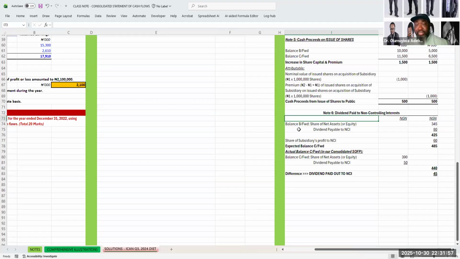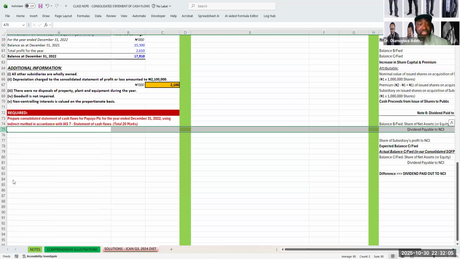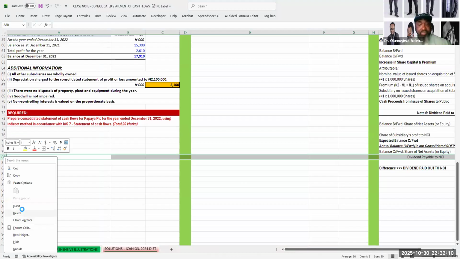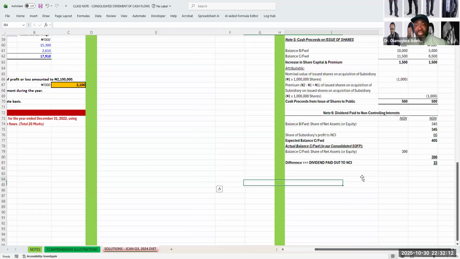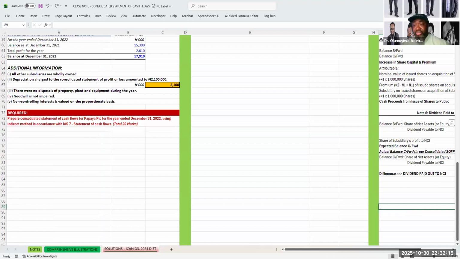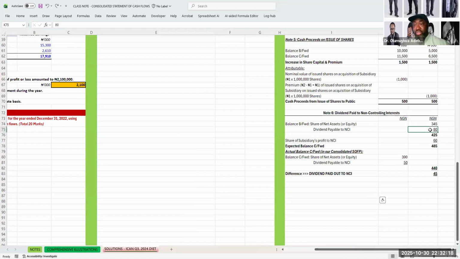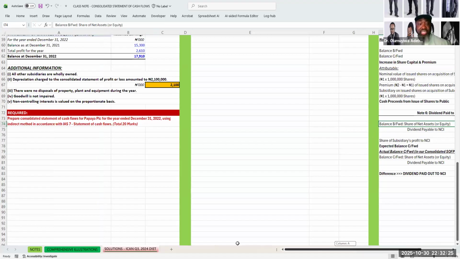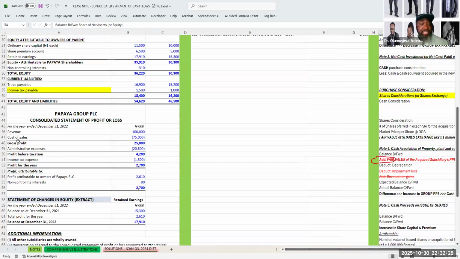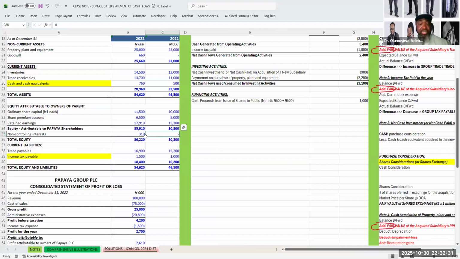And in this case, we have no balance of dividend payable. Therefore, I'll cancel it out. It was 0, and this one is 0. Now, what is my balance brought forward for share of net asset or equity of NCI? At the beginning, NCI was 0. At the end, NCI is 310.